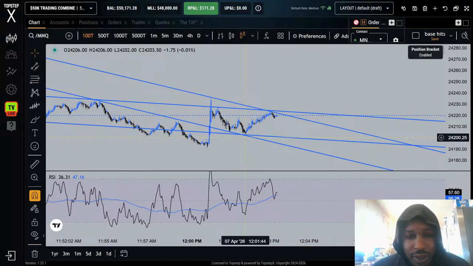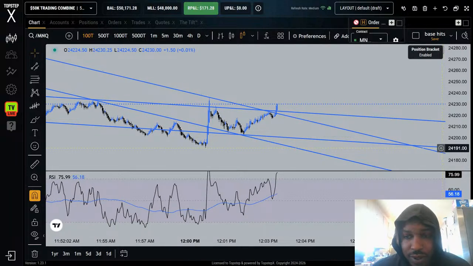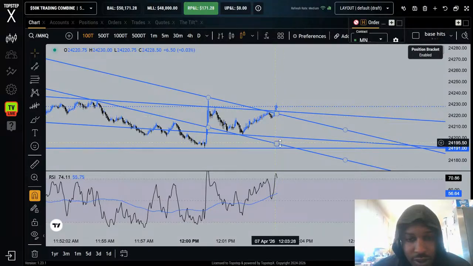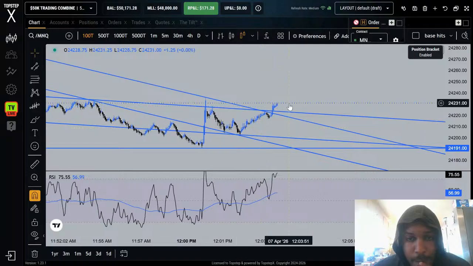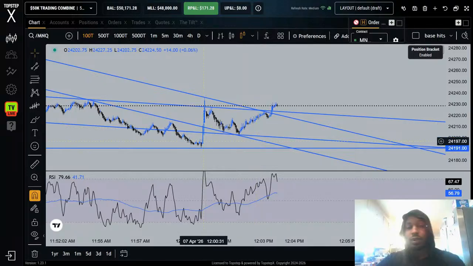This right here is the good support that I meant. This is a nice support line right here. Oh man, it's too late to go long now.